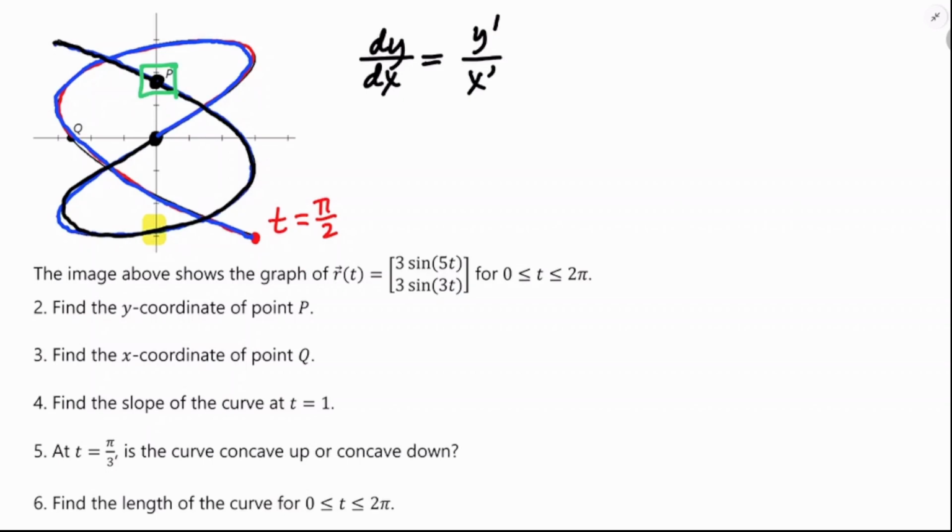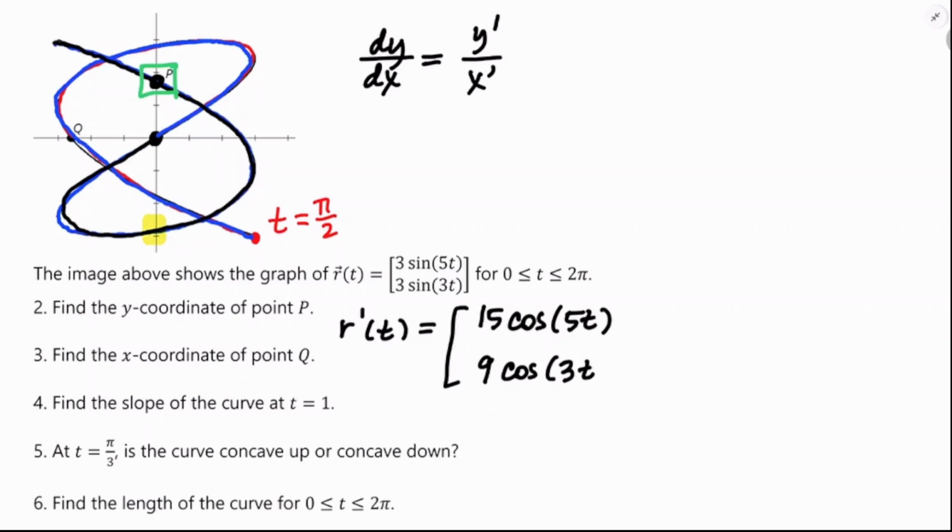So y prime over x prime, and so I'm going to need to take those. So r prime of t is going to equal 15 cosine of 5t and 9 cosine of 3t. Okay, at t equals 1, well, that's interesting.